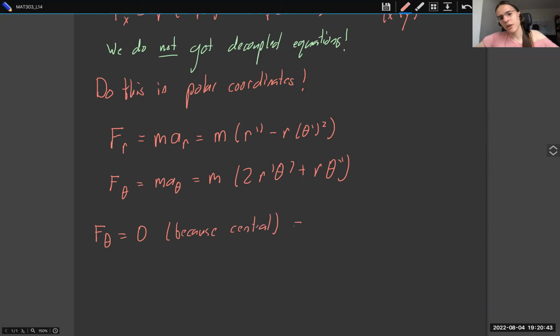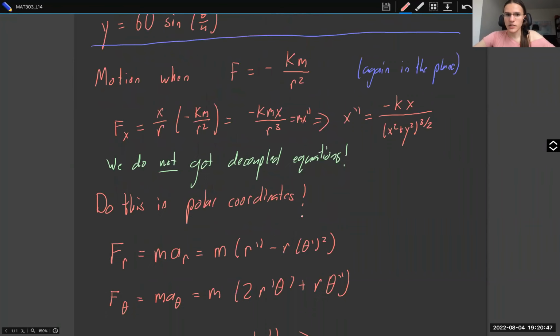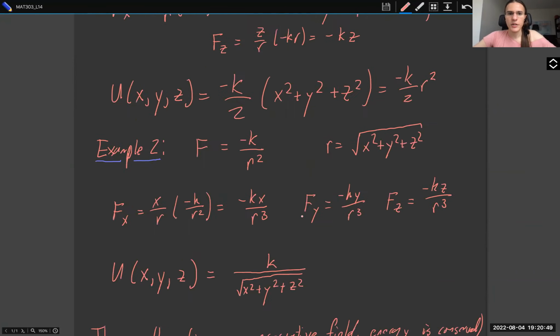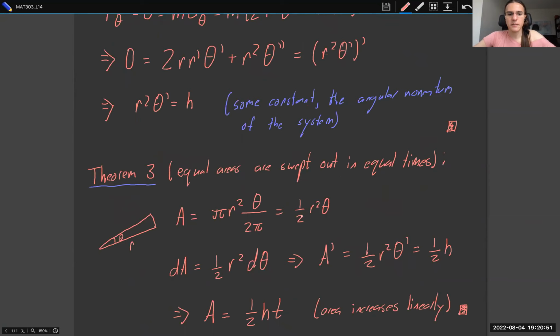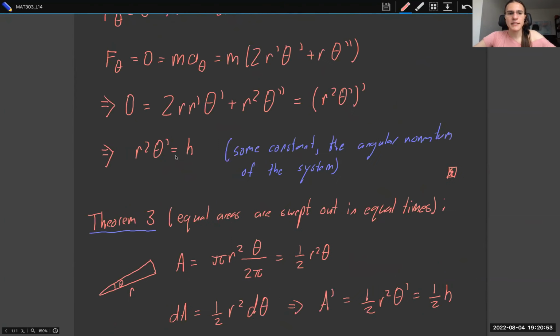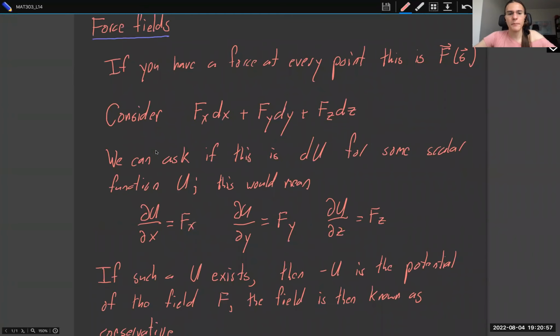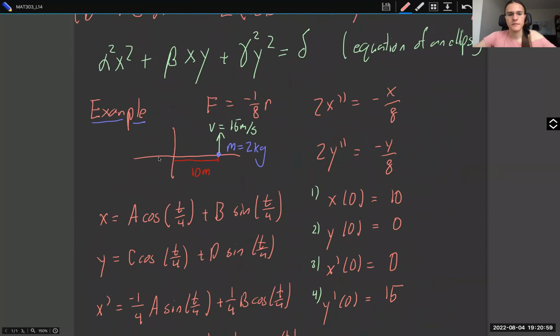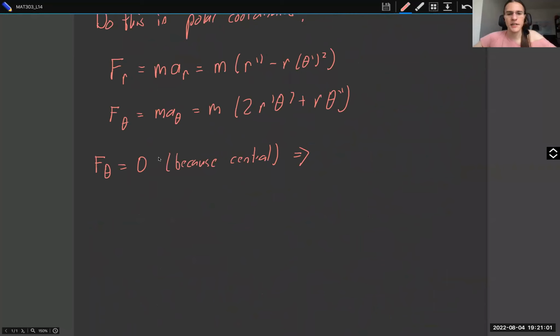So what this second equation yields is that there is a constant, and the analysis is going to depend on this constant, which is the angular momentum of the system. So the angular momentum of the system is h, which is r squared theta prime. So r squared theta prime is equal to h, and this is going to be a constant in the solution.